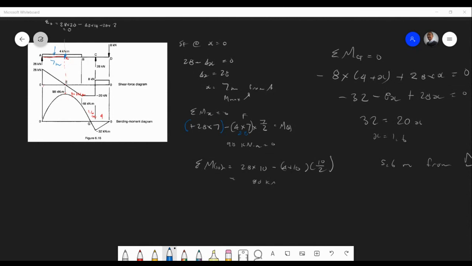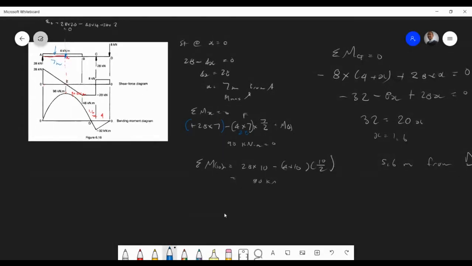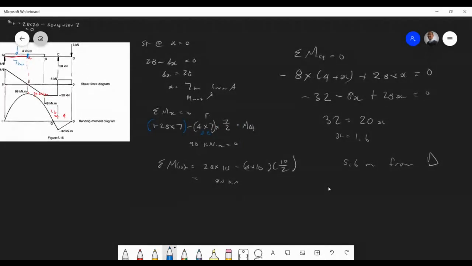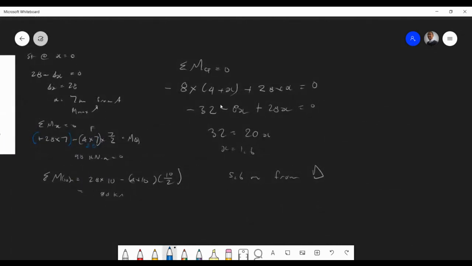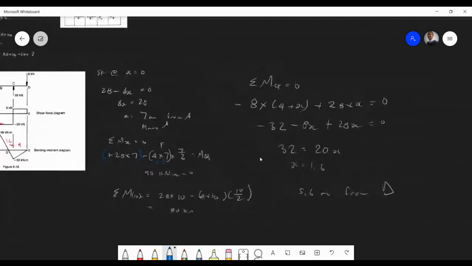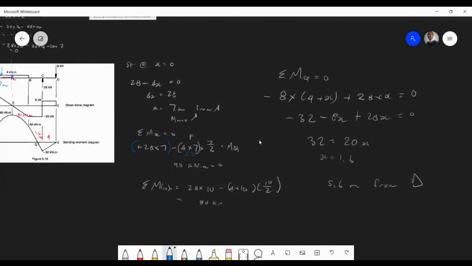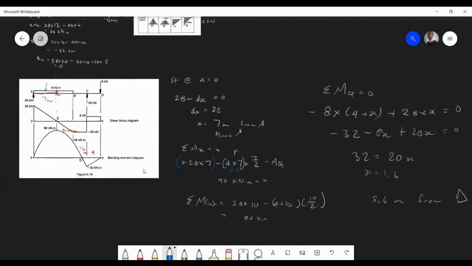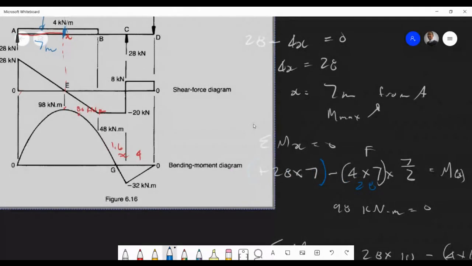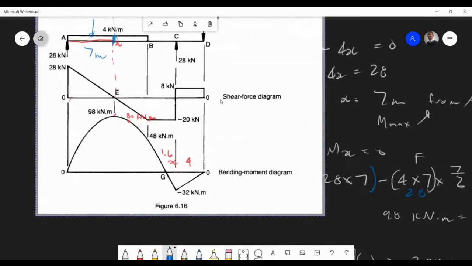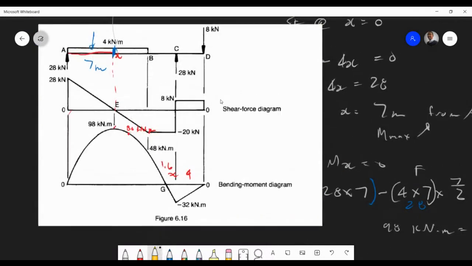Someone had their hand up. Can you just explain to me the bending moment of 32 equals 8 times 4 plus x, and the 28 times x part? Can you just explain to me again? Okay, remember, you're taking moments at this point here.